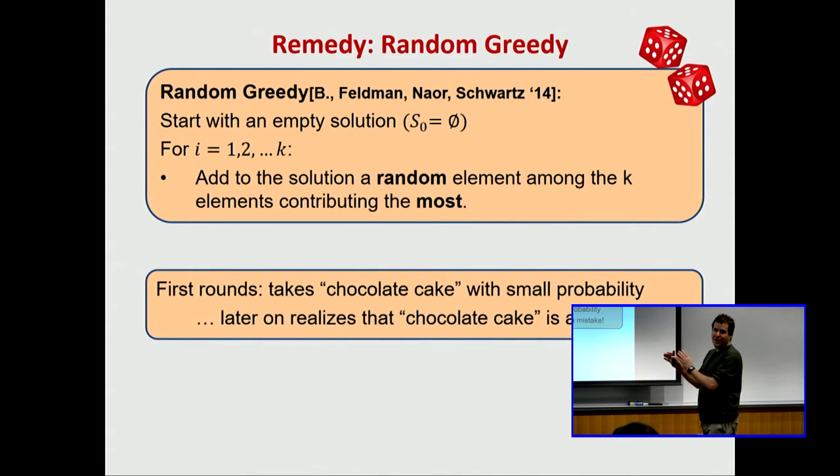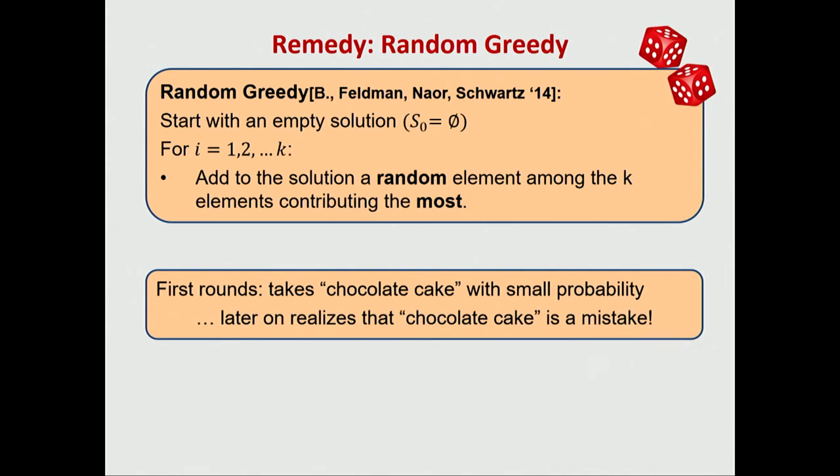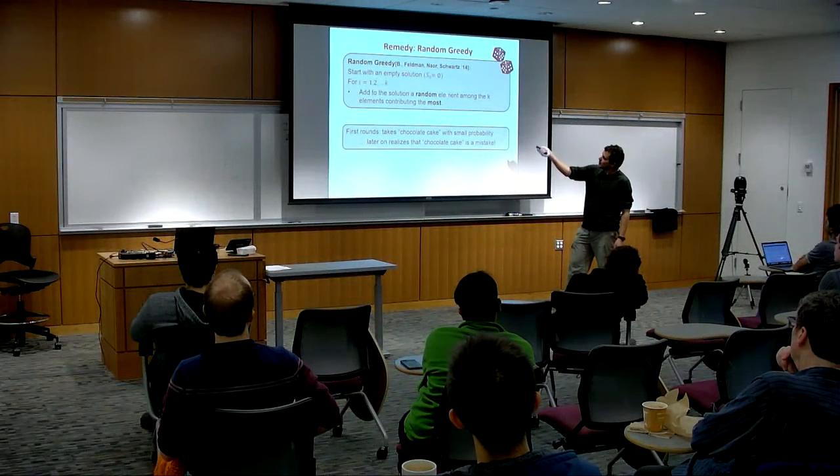So first, let's see why it's good for the chocolate cake example. So what will it do? Remember, chocolate cake is worth 2, all other dishes are worth 1, right? But chocolate cake ruins everything if you just add it. So in the first few rounds, 2 rounds actually, chocolate cake will be one of the best items, but you will pick it with very small probability.